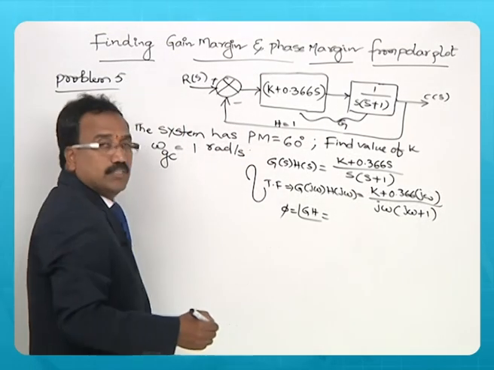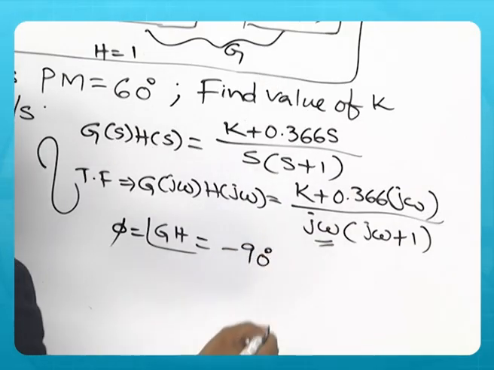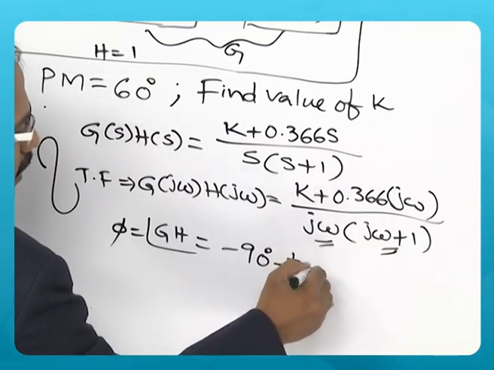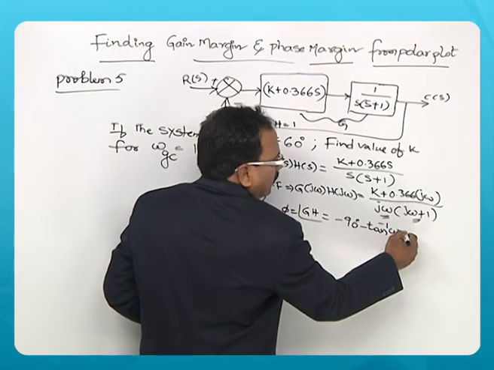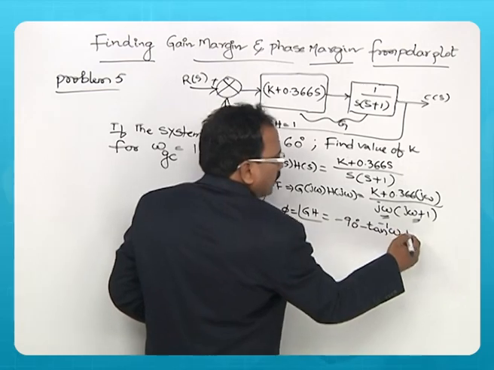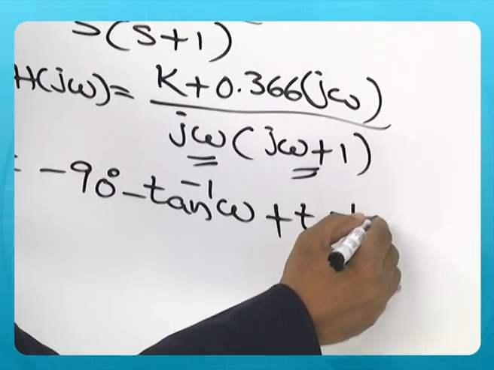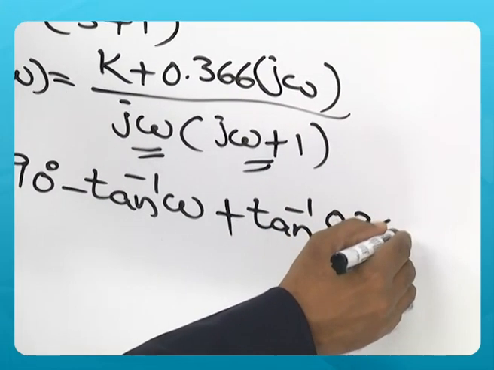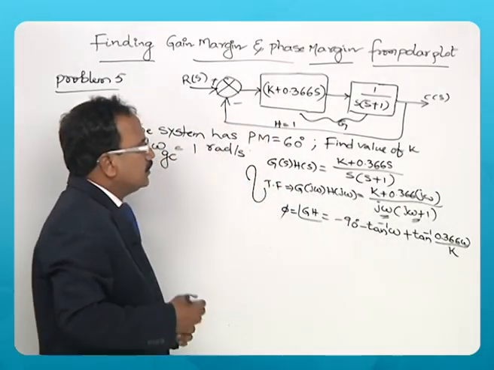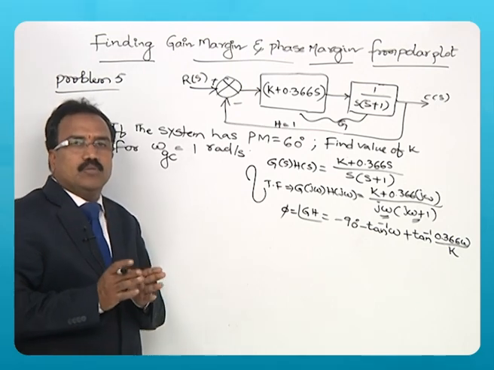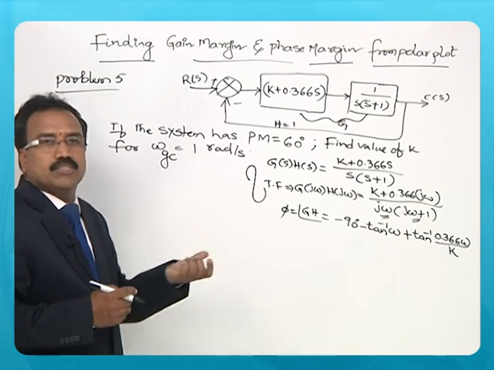Angle GH is minus 90 for this term, and for this term minus tan inverse omega, and for the numerator term it is plus tan inverse 0.366 omega by K. This is the phase angle term of the loop transfer function. This I must substitute in the phase margin expression.